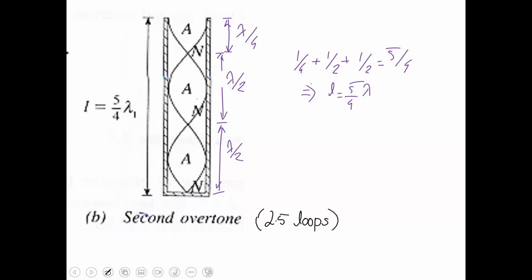Yes, I'm waiting for the answer. 5/4 lambda is because there's one quarter of a lambda and one full lambda, sir.